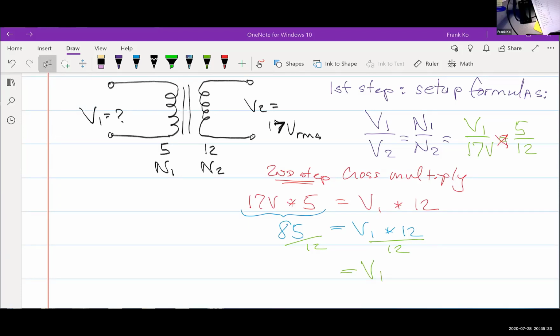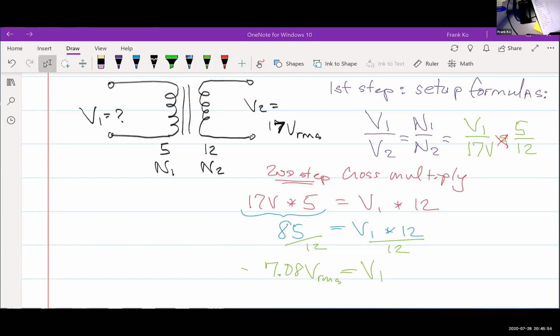And on this side, 85 divided by 12 worked out to be, you said 7.08? Yeah. 7.08 volts RMS. So are we in agreement that on the left-hand side we would have 7.08 volts, and that is in fact equal to V1.